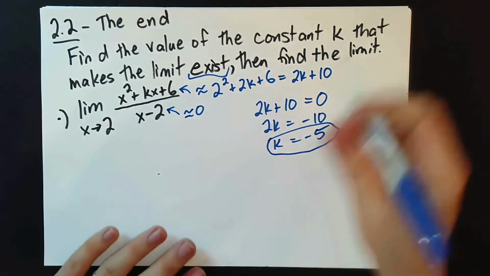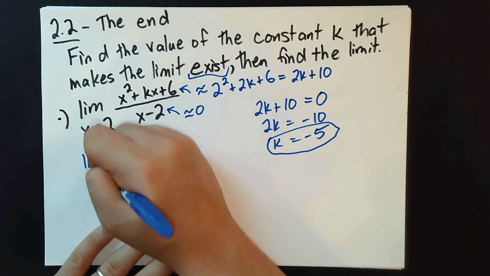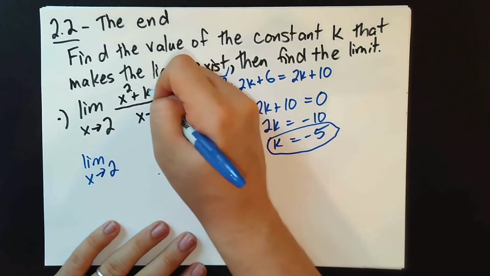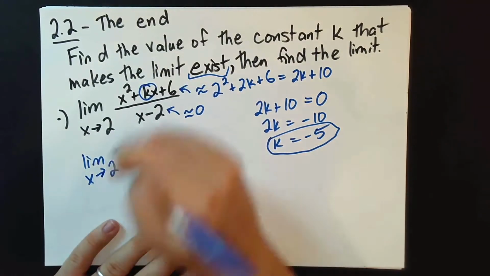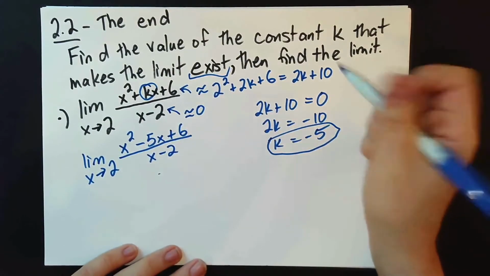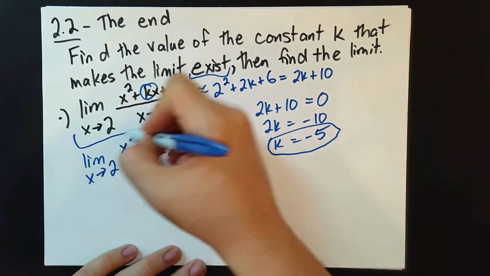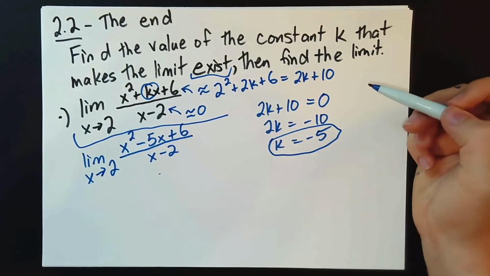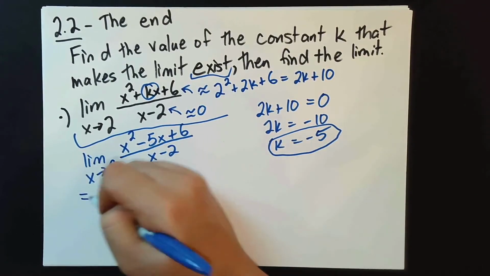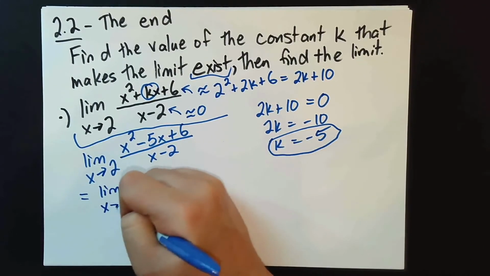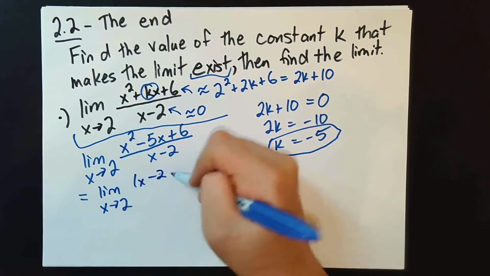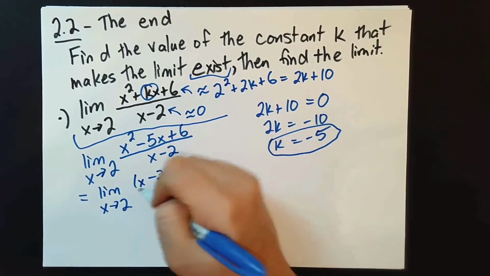But don't forget, that's not the whole question. The question then asks for the limit as x goes to 2 of what I get if I actually put in that minus 5 there. This is now a 0 over 0 limit. So what we basically found out is now this should factor. And in fact, it factors as x minus 2 times x minus 3.